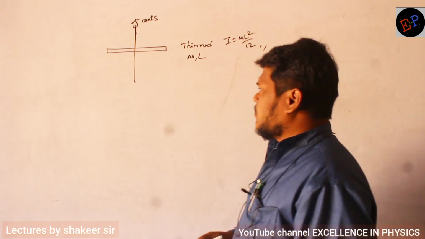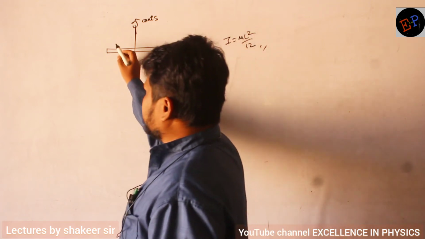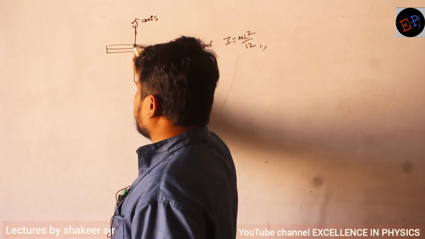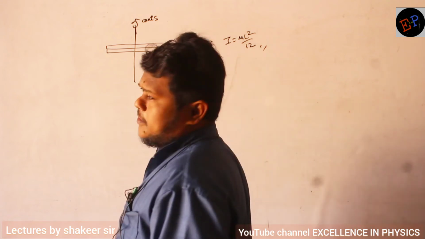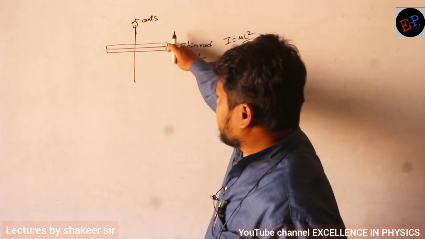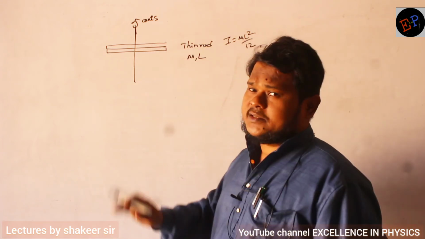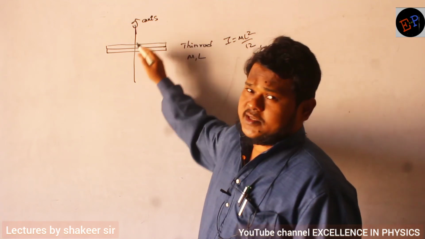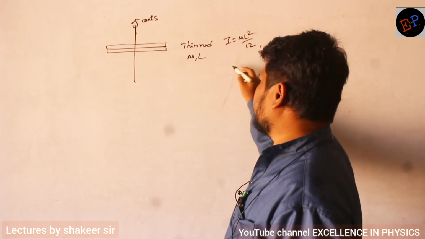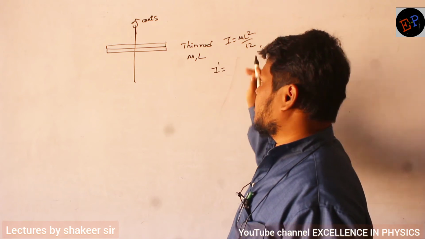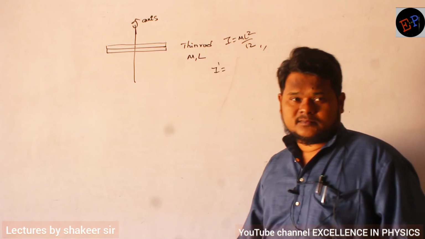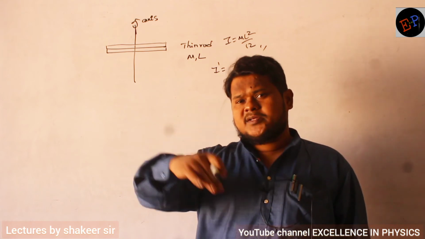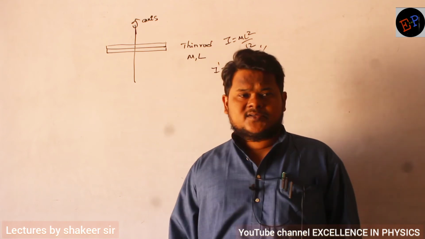Now what I do is, on this rod I am placing one more rod of the same length. Now if total mass is m, then what will be my formula for moment of inertia? Can you see? Understood, no?